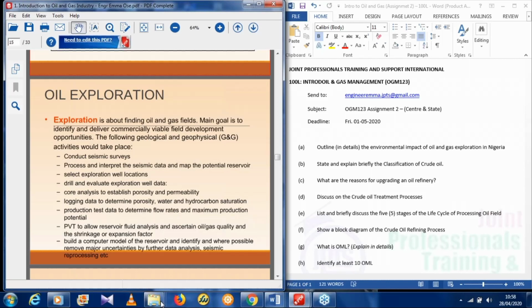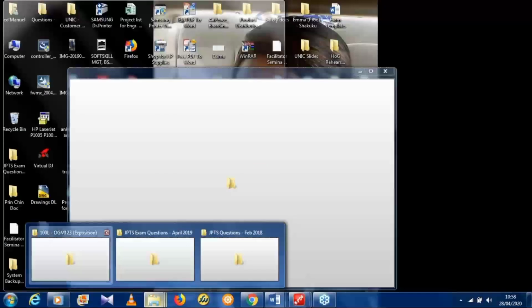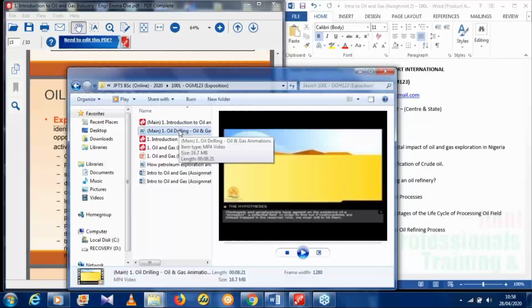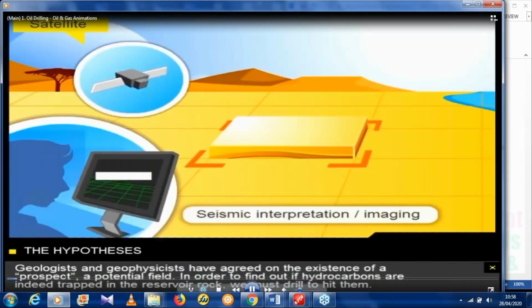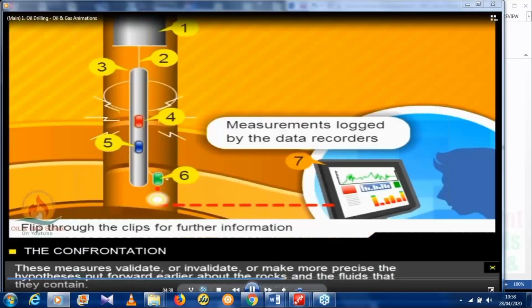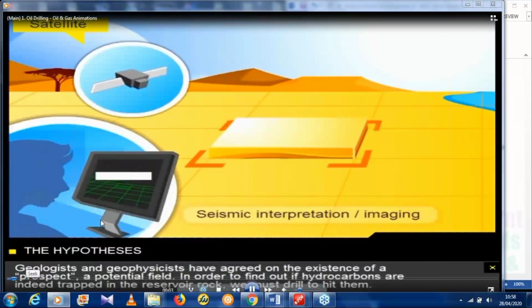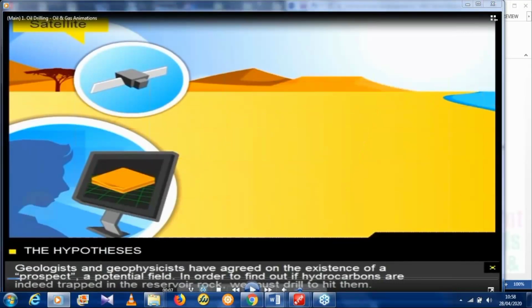Let me show you a picture of it. What you saw here is what the seismic data looks like. That's what the process looks like.